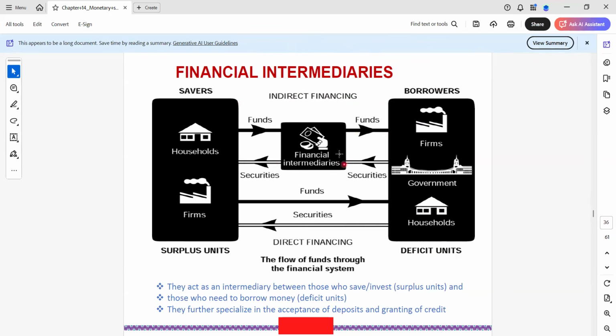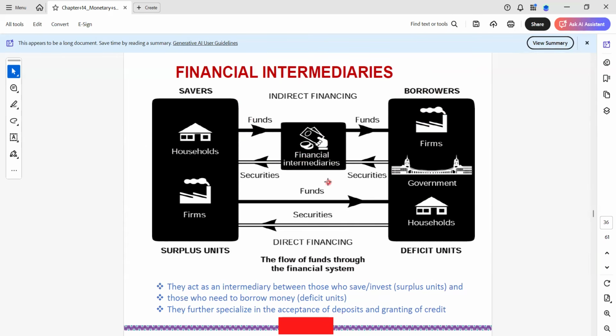From the financial intermediaries. So for example, if this person here, the household, deposits 100 rand here with Capitec, let's say this is Capitec, then this firm comes here to Capitec and borrows maybe 100 rand. Let me just make an example. Then Capitec gives this person 100 rand. So essentially, this firm is using this household money, right, indirectly because they got it from what?